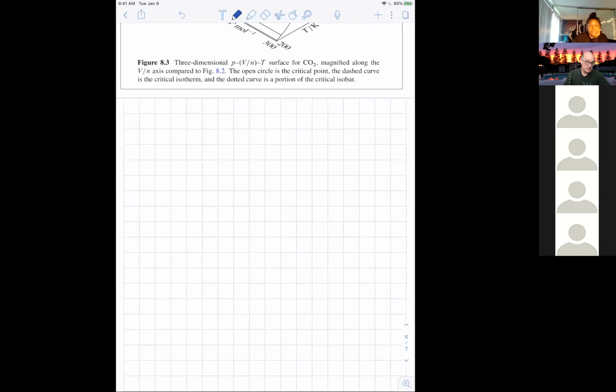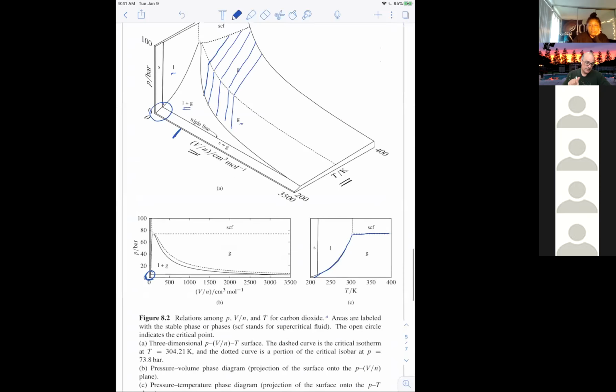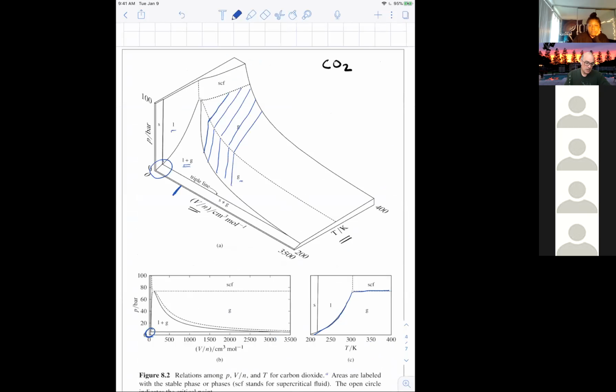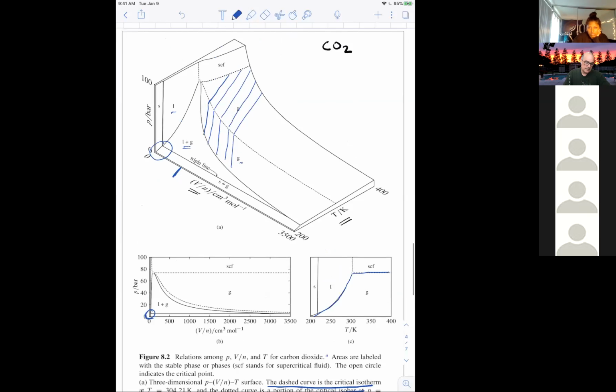The most confusing thing here, I think, is that we have these things called the triple lines. If you look at what it says here, the dash curve is the critical isotherm and an isobar. So this dotted line is a critical isotherm, right?